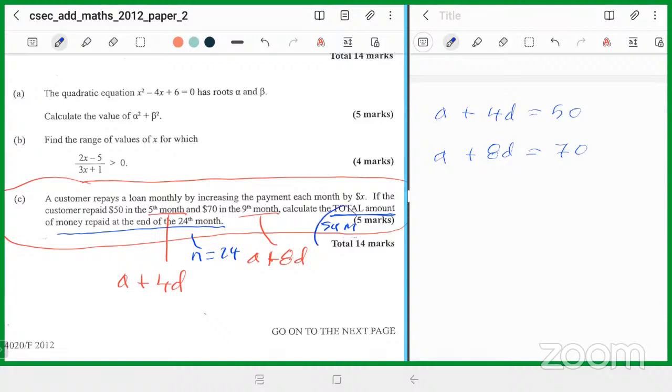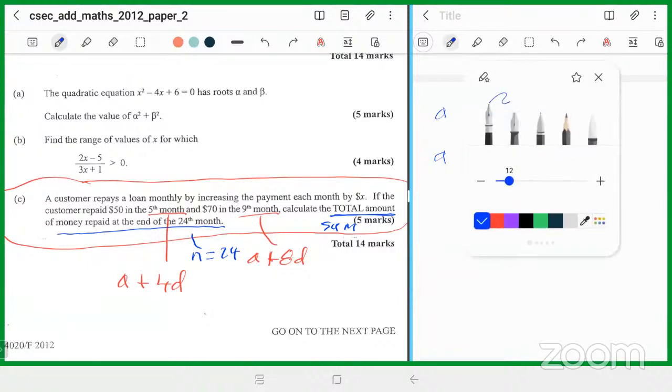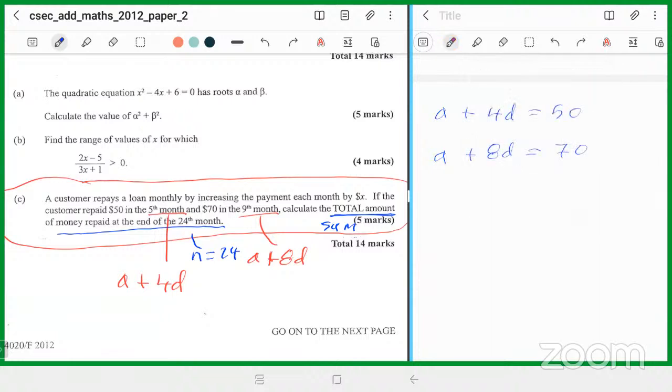So to find this sum, I already know my N is 24. I need the A and the D. I have to solve these two equations simultaneously. Same thing again, they were derived from an AP, so you solve them by subtracting. I'm going to do equation 2 minus equation 1, so this side minus this side.